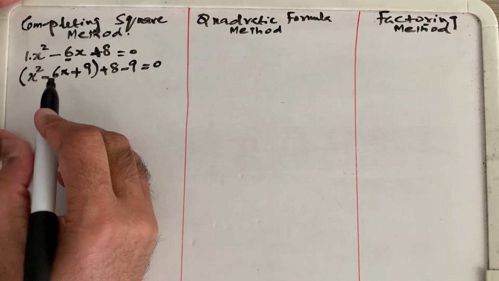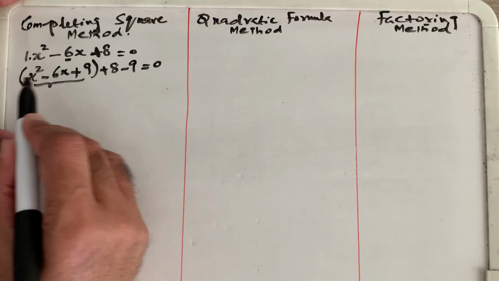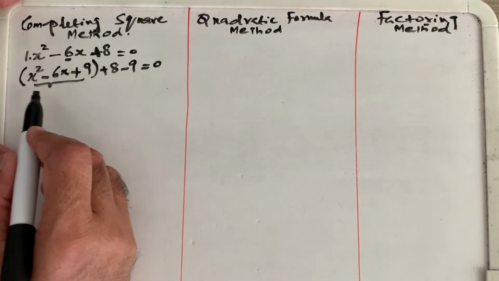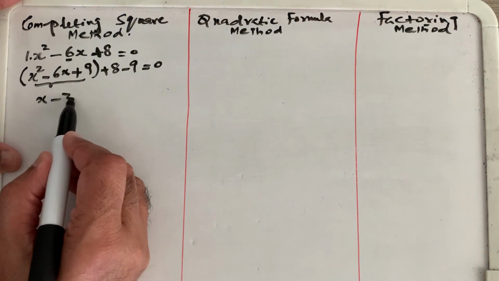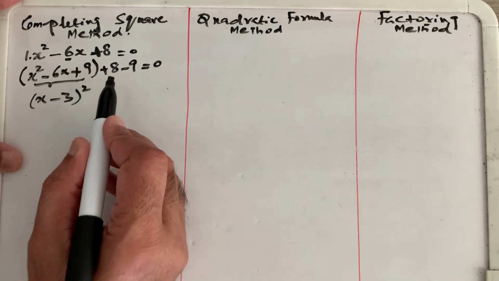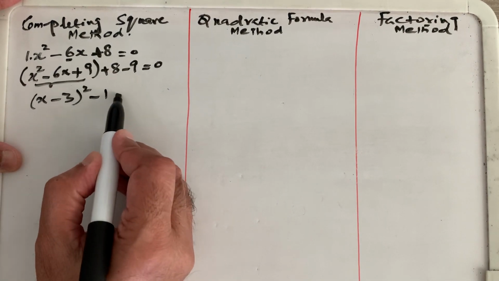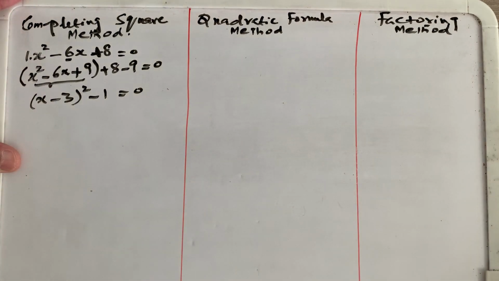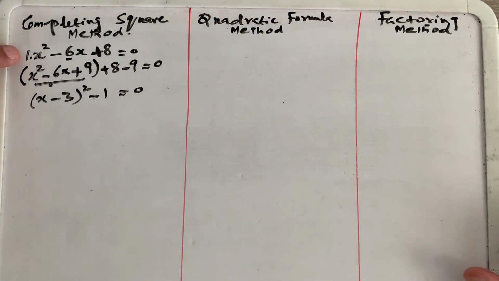But I take this advantage: now x square minus 6x plus 9 is the whole square of x minus 3, and this thing becomes minus 1 equals to 0. So this is how we complete the square. And remember these two steps: divide the whole equation by the coefficient of x square.